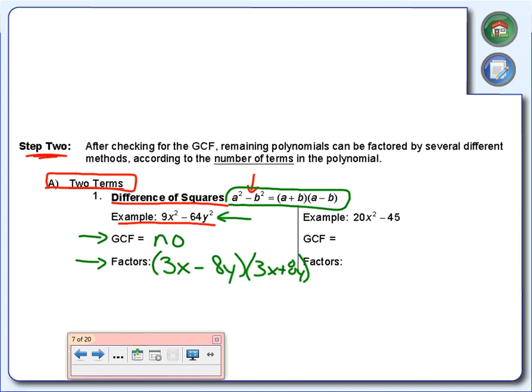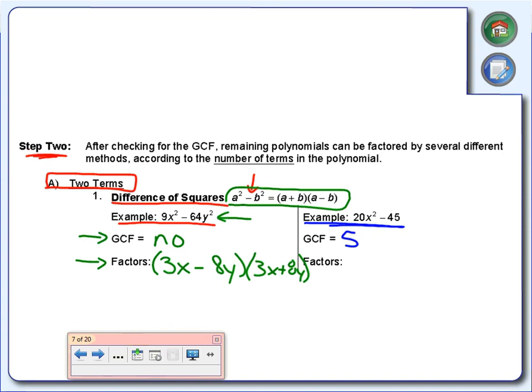Factors. Let's try that again. Next example here: 20x squared minus 45. Remember, the first thing we're always going to do is look for a GCF. Oh, this one has a GCF, and you said it's what? 5. Very good. You are correct. How about any variables? Is there a variable in both of the terms?